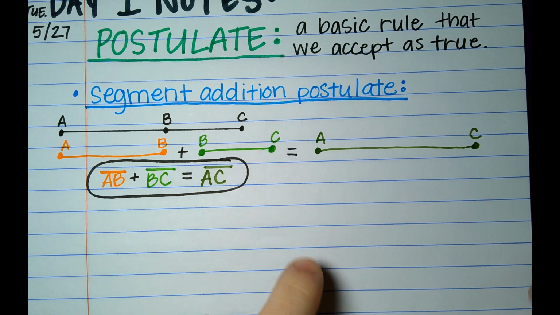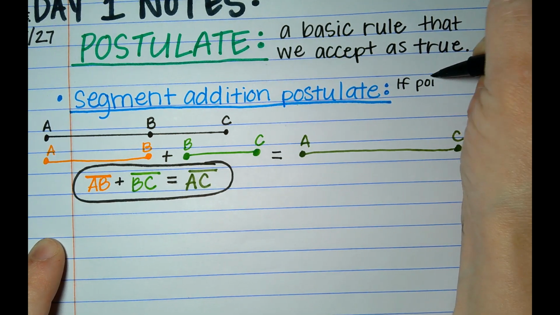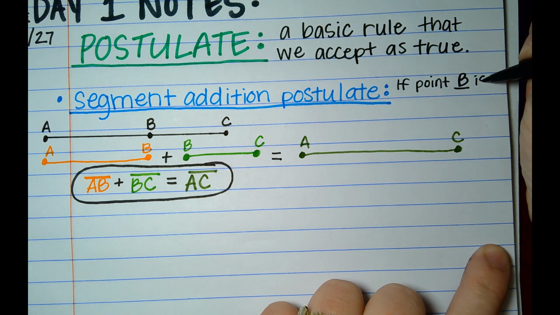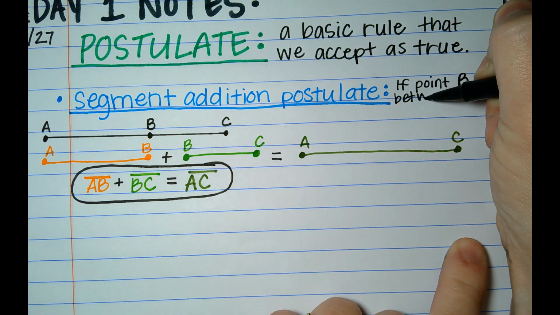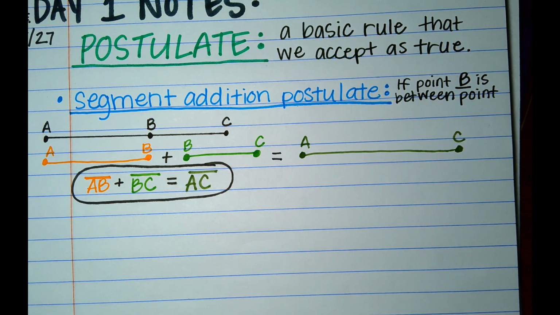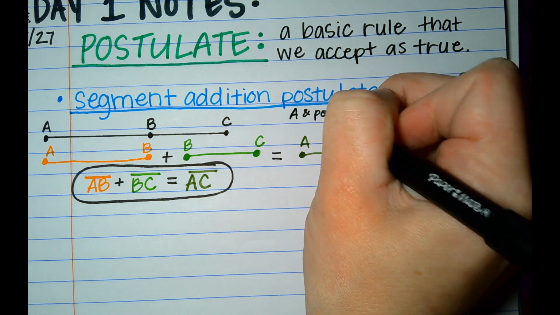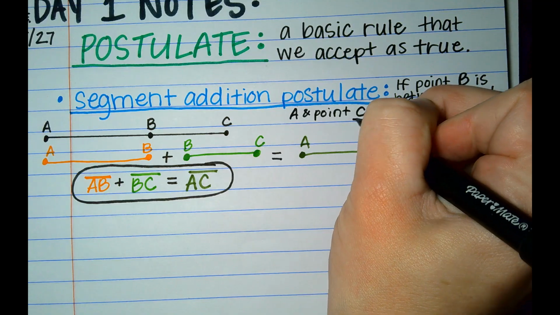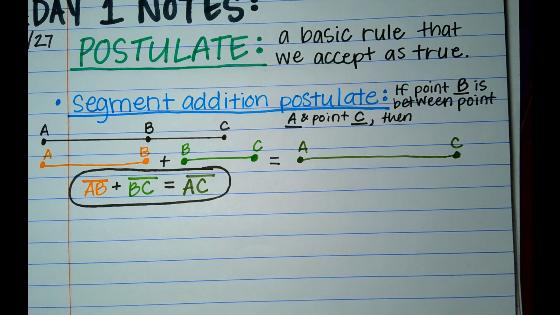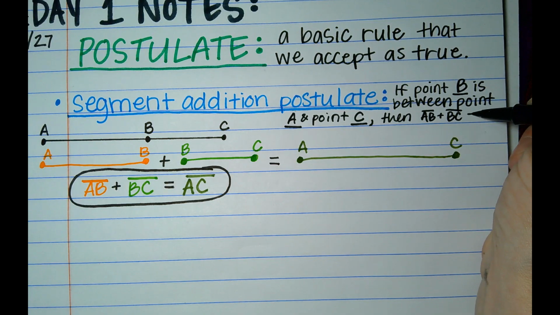If point B is between A and point C, then AB plus BC equals AC.